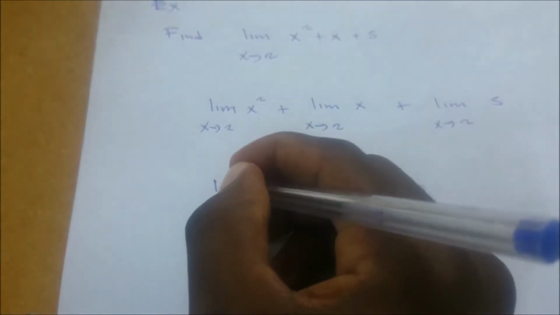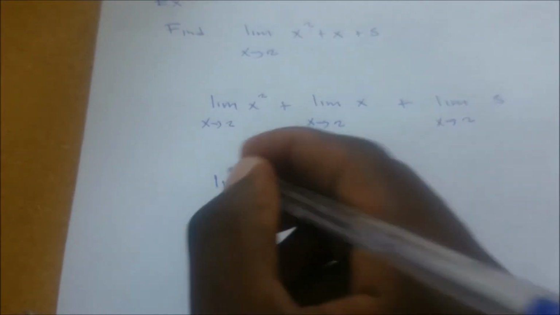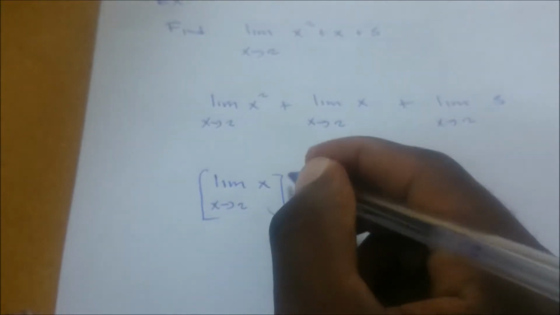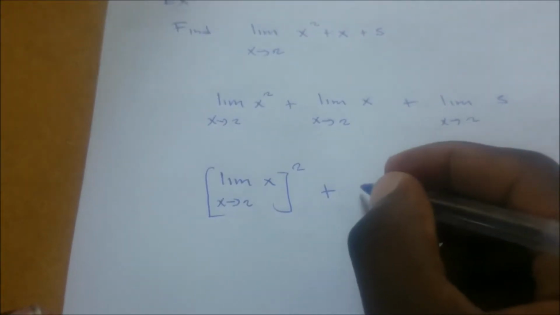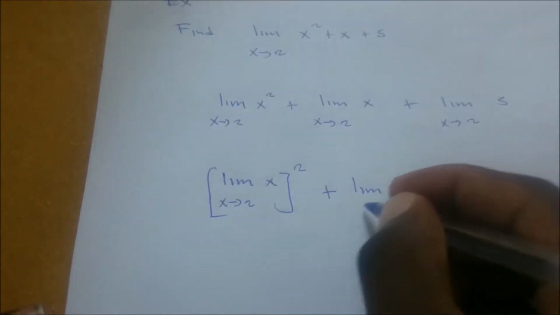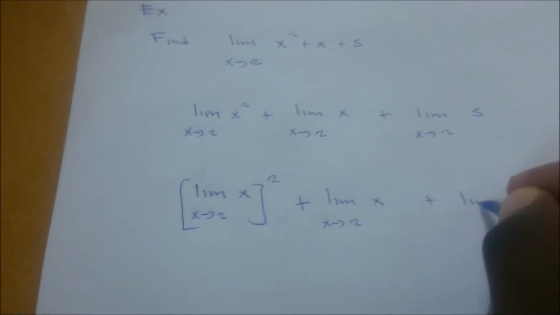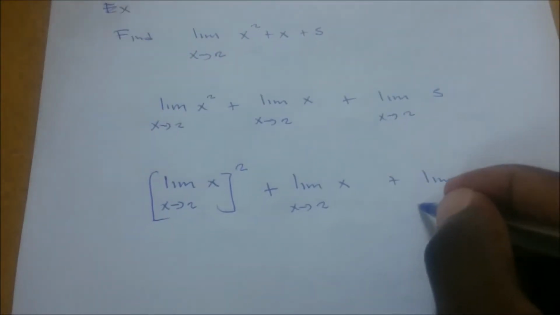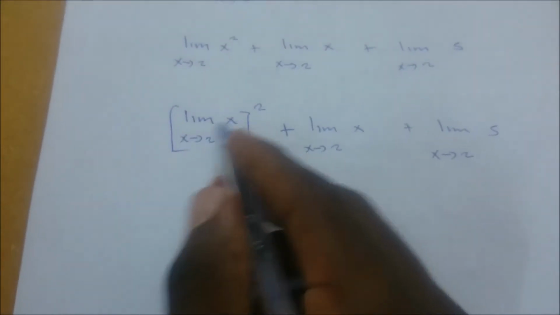Then from there, what are we going to do? We raise everything to the power 2. So we are going to say the limit of x as x is approaching 2, raised to the power 2, plus the limit of x as x is approaching 2, plus 5, which we leave like that in the meantime. So now after this, what are we going to do?